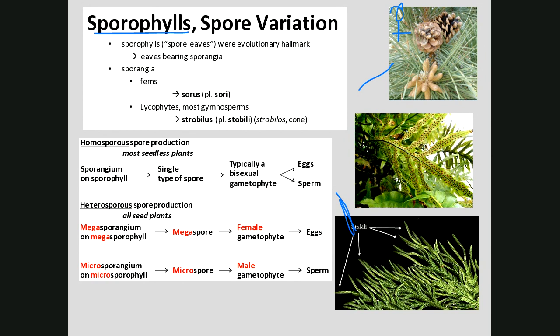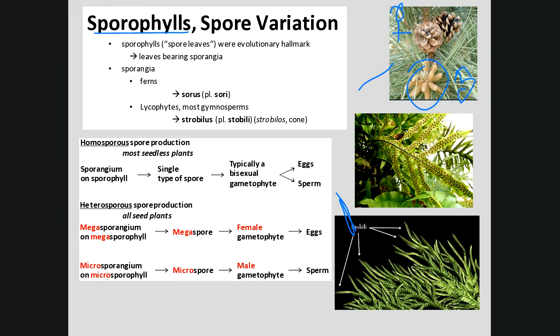Now, this is no different than anything in alternation of generations. You get a sporangium, it produces spores, and spores produce a gametophyte, a gametophyte that produces the egg in this case. In the case of the males, everything is smaller. That's the micro. Microsporangia, or male cones in the case of this pine tree. These are male cones. Right, there's two different types of pine cones on a tree. They have microsporangia made on microsporophylls.